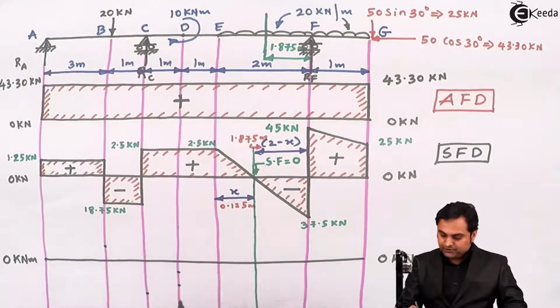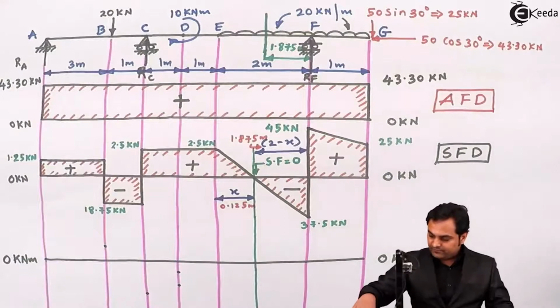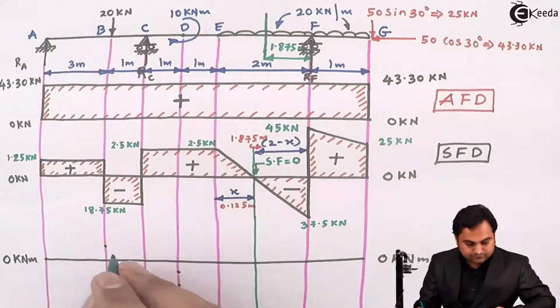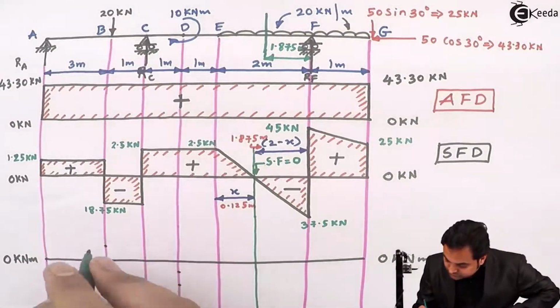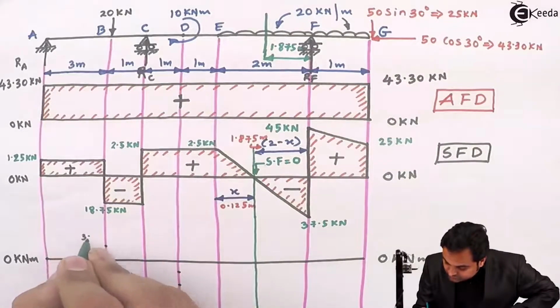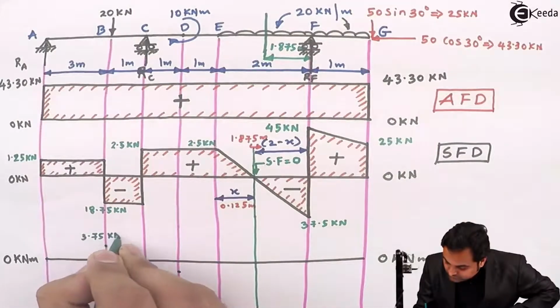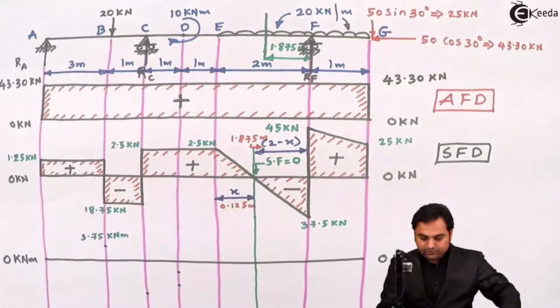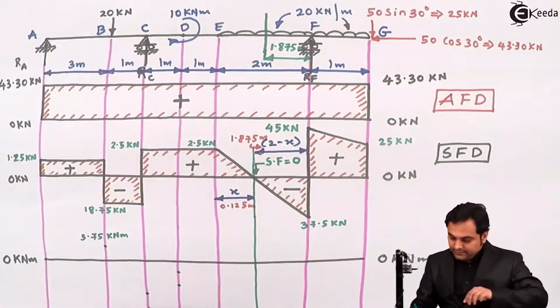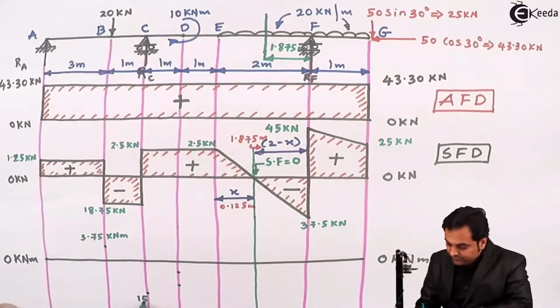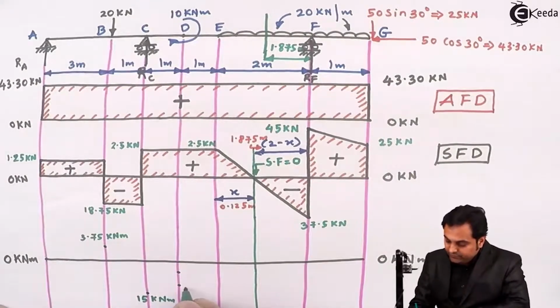So for this much portion, I'll draw the bending moment diagram first. 3.75 kilonewton meter. Then at C the value is minus 15, so downward. Then here it is minus 12.5 at point D, the first value.